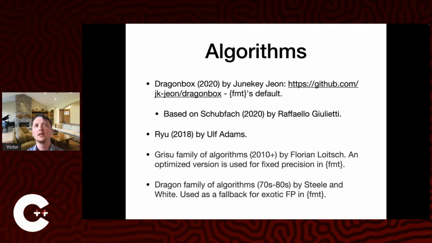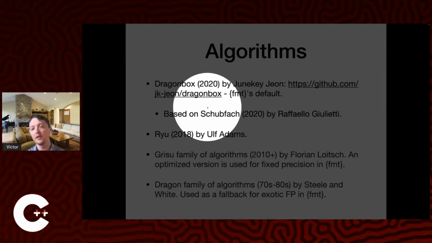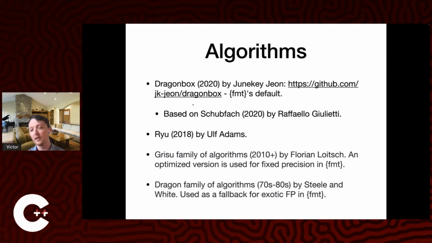Then there are the original general case Dragon family algorithms developed in the 70s and 80s. They are used as a fallback for exotic floating point formats in FMT because these nicer, faster ones are special cases for common IEEE formats. They may not work with weird floating point formats like double-double or even 128-bit.